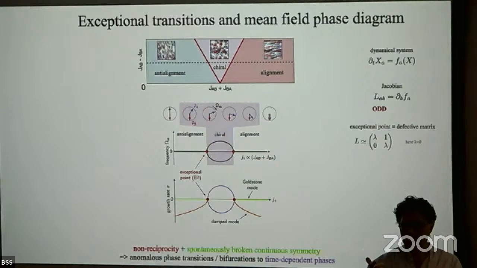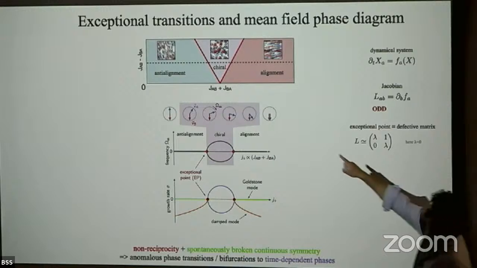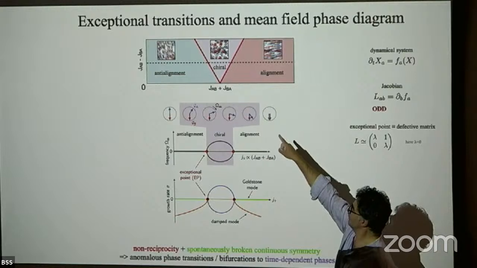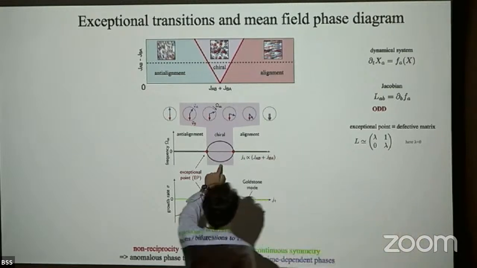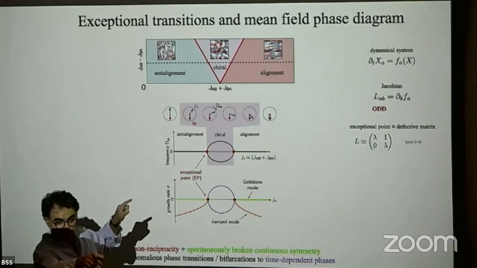If they were equal, the difference would be 0. That's equivalent to the epsilon minus, whereas J_AB plus J_BA is the epsilon plus. Okay? And notice that you have the anti-aligned and the aligned, and you have, in pink, the chiral phase.